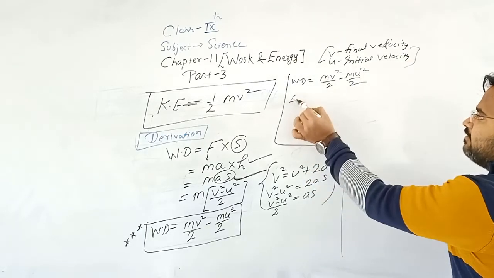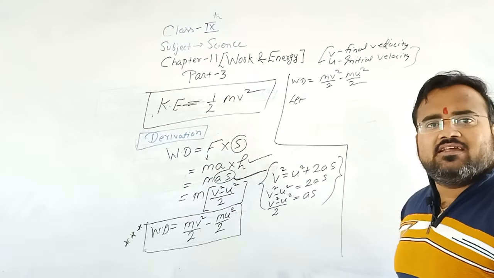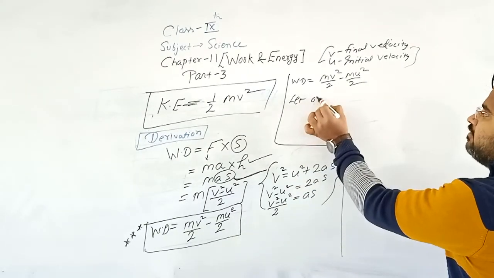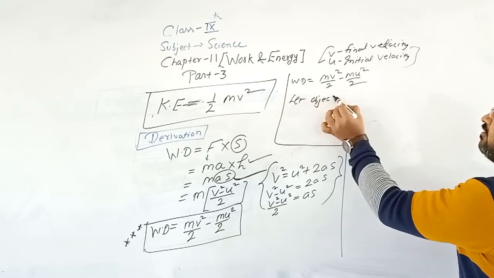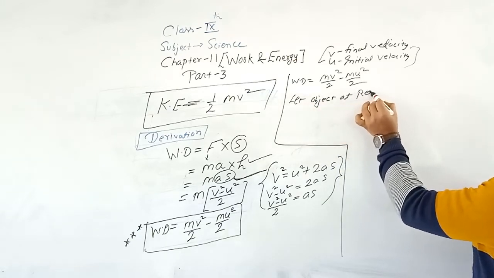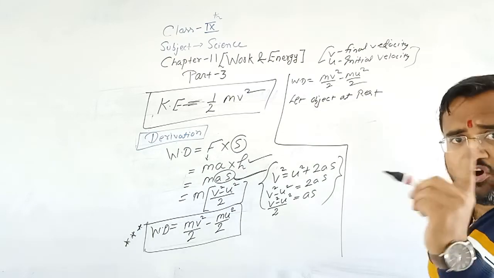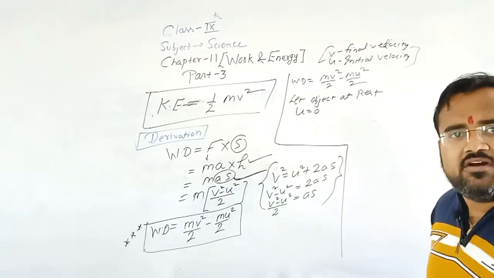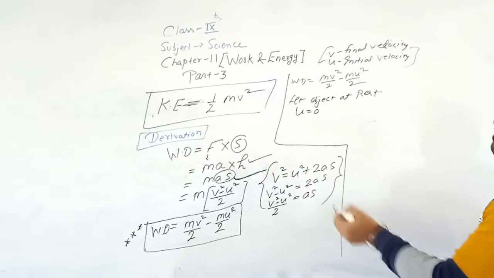Now we'll assume that the object is at rest. We know that whenever the object is at rest, its initial velocity is 0.